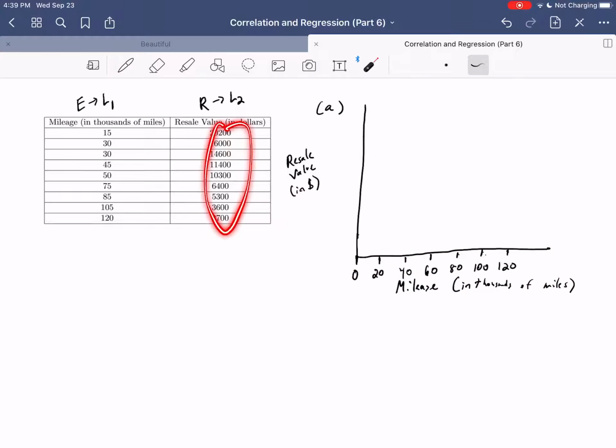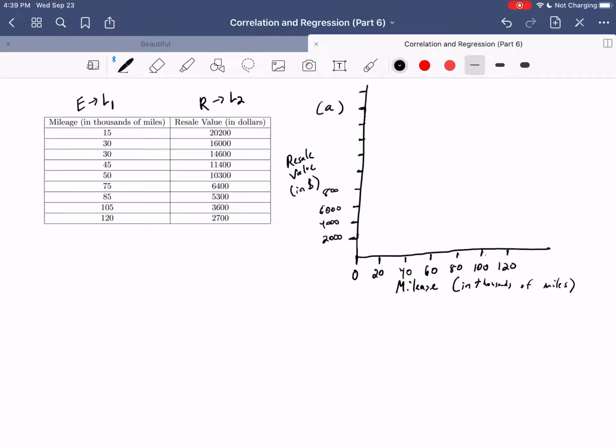For the resale value, it looks like the resale value is as low as 2,700 and as high as 20,000. So again, maybe we'll just go by 2,000s: 2, 4, 6, 8, 10, 12, 14, 16, we'll extend our axis just a little bit, 18, and 20.